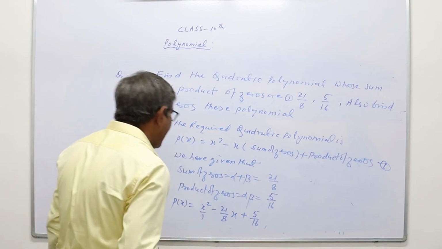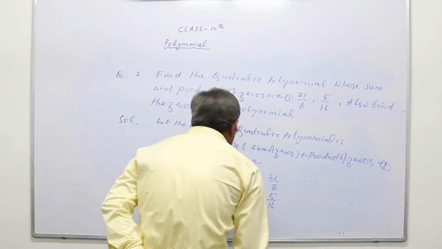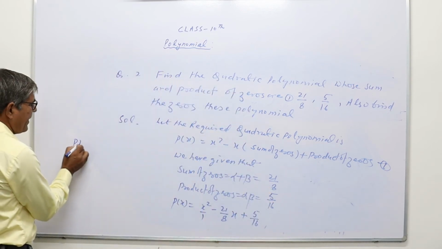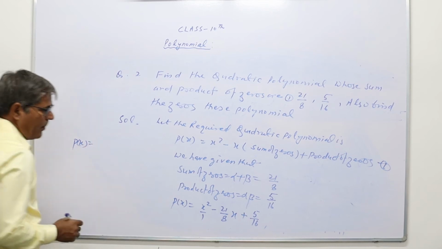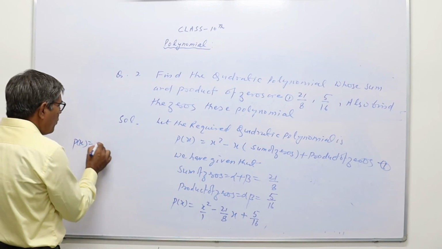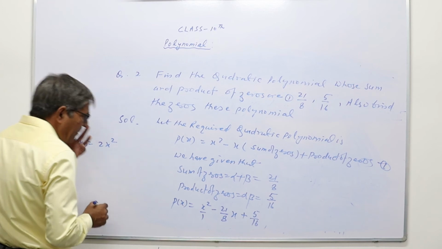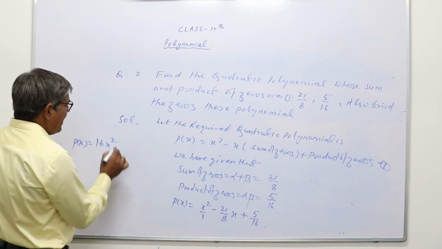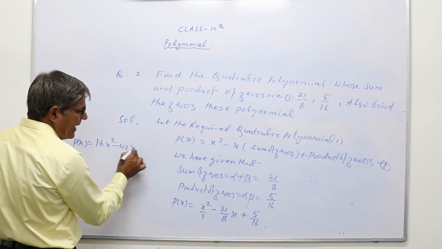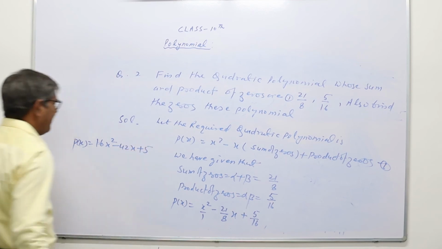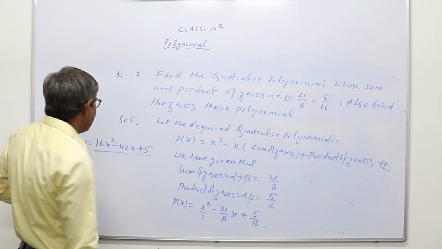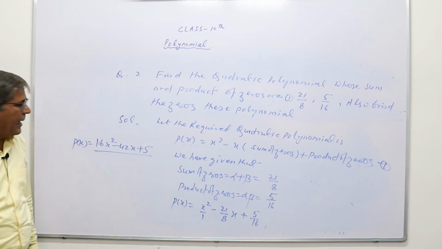Taking LCM here, p(x) will be equal to 16x square minus 42x plus 5. So this one is your required quadratic polynomial.